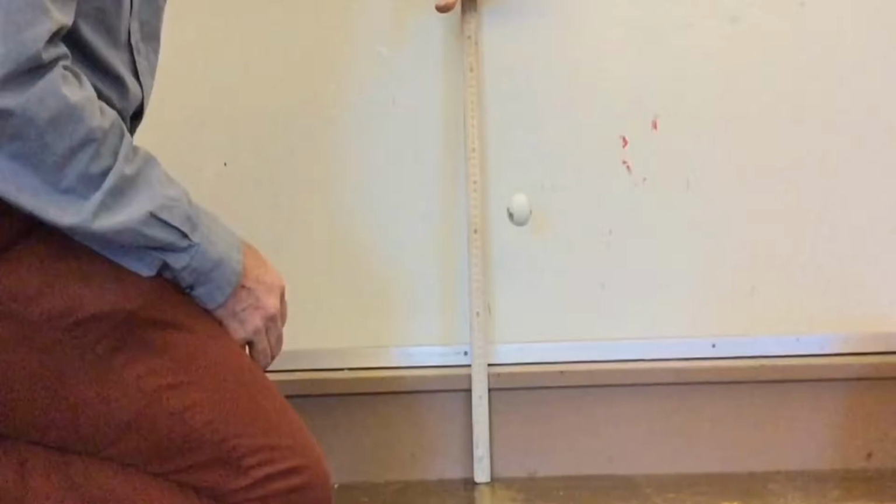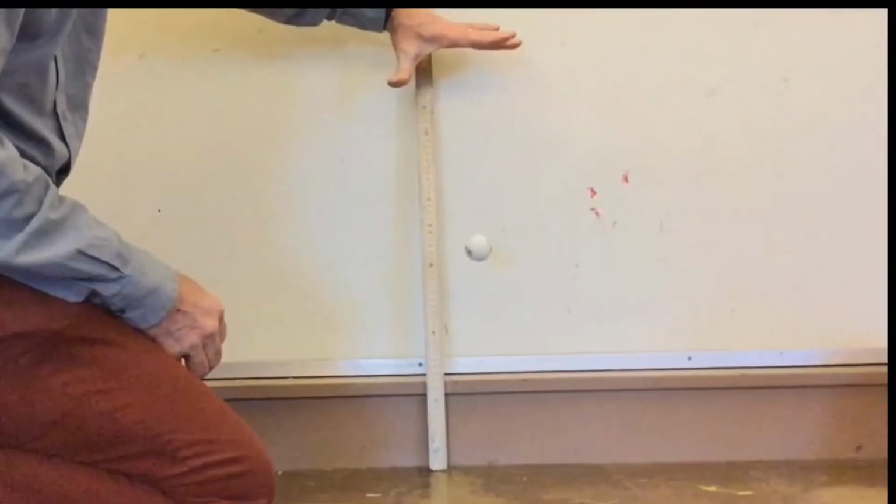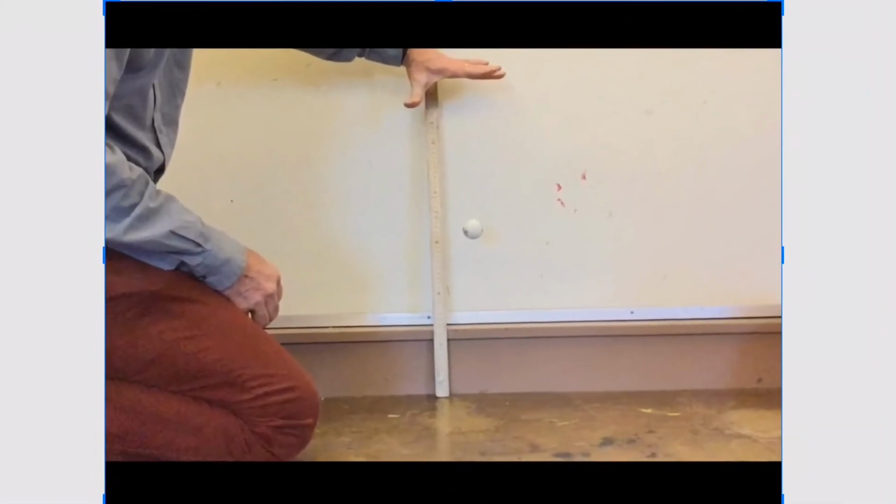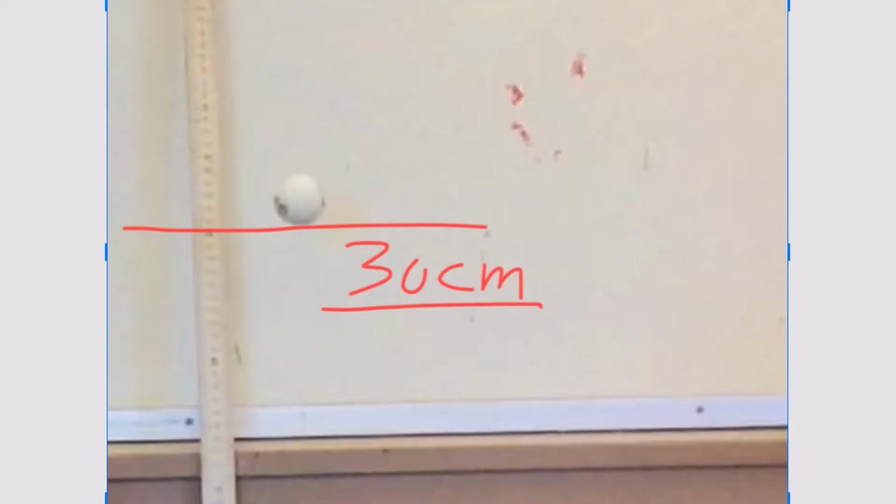If we take a look at that, we're going to see that our ball now is 30 centimeters. So now it's 30 centimeters, and right before this, the highest point was 40 centimeters.